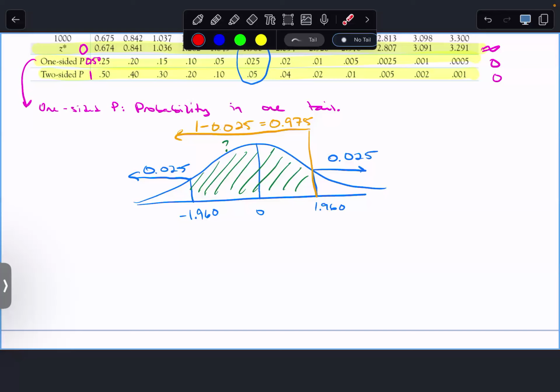So this whole area, I'll temporarily shade it, that whole area is 0.975. Obviously, I've gone above. But then if I lob off this area, which I also happen to know now, I'm left with the area that I want. And so I'm going to remove that.